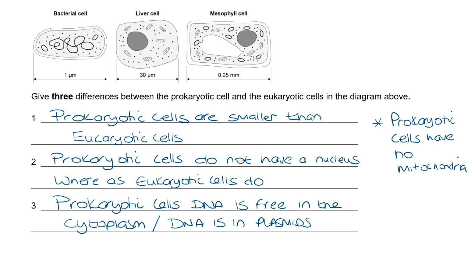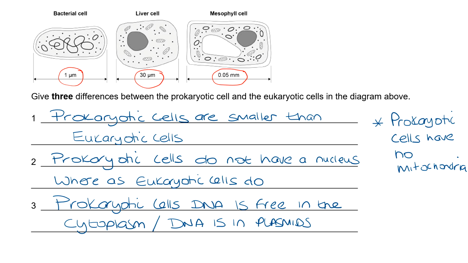Firstly, prokaryotic cells are much smaller, and you can tell this from the diagram. If you look at the bottom of all the images, you can see that the bacterial cell and the liver cell are in micrometers, but if you look at the mesophyll, it's in millimeters. Millimeters is a bigger unit than a micro unit, and so they've just put that in there to test you.